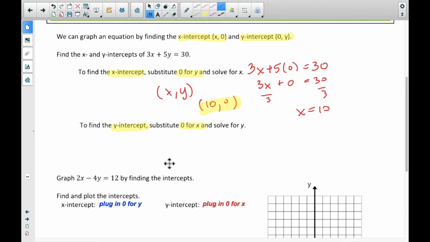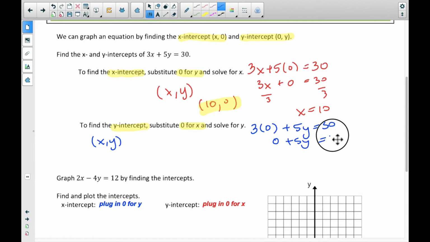Let's take a look at the y-intercept. Same thing, we are basically looking for an x, y coordinate, but to do that we're going to plug in a 0 for x. So I'm going to take that same equation and plug in a 0 for x. That becomes 0 plus 5y is equal to 30. If I divide by 5, I get y equals 6.